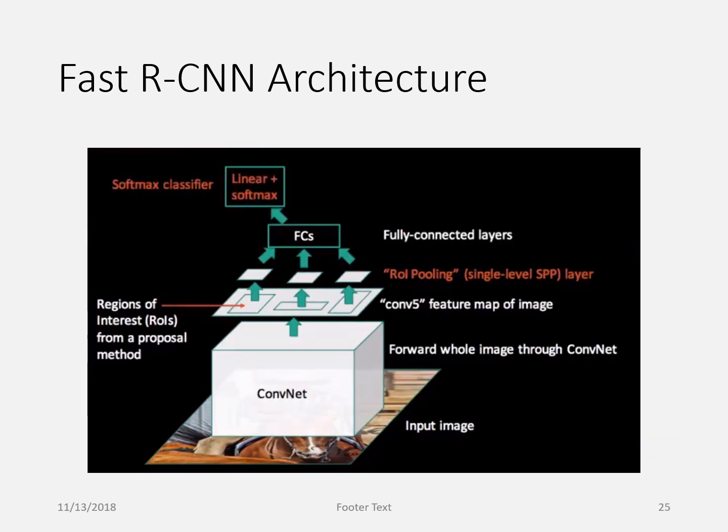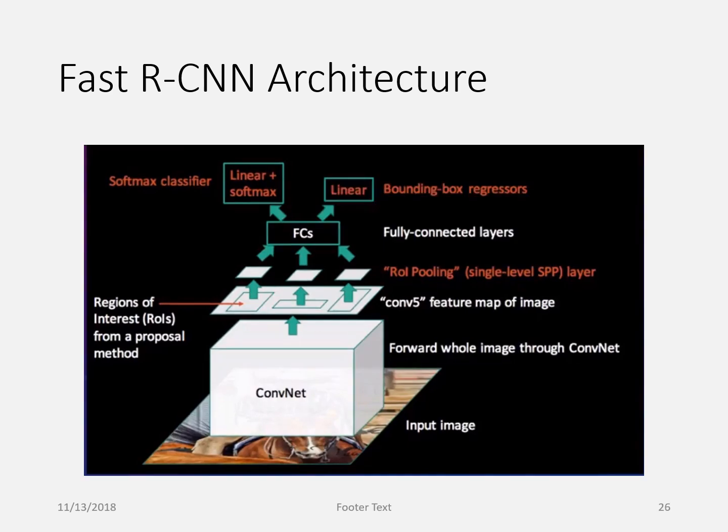The output of the ROI pooling layer, those fixed length features, are then fed into the fully connected layers. The output of the fully connected layers is divided into 2 categories. One is the softmax classifier, which classifies the image, and another is the bounding box regressor.